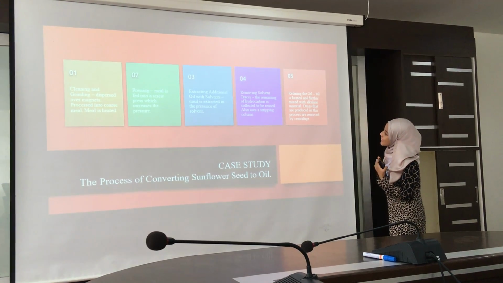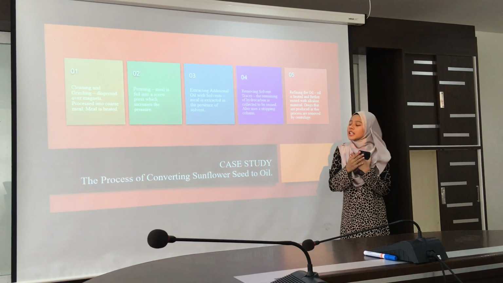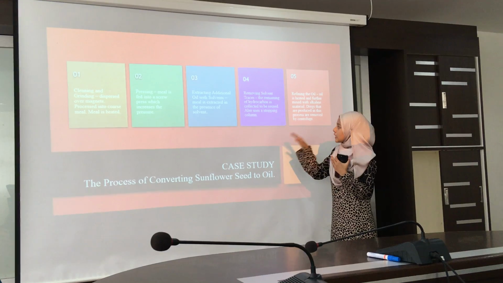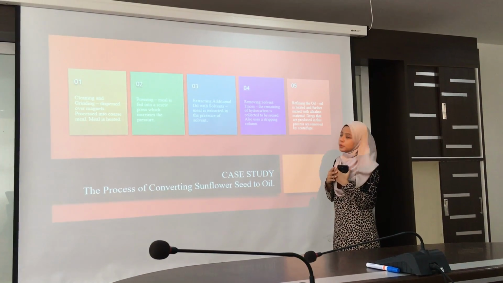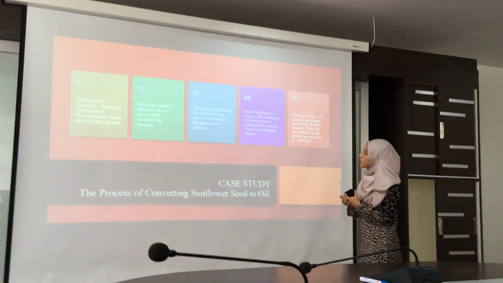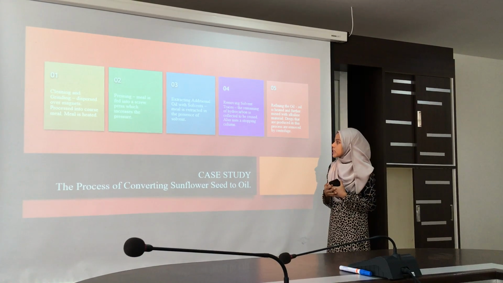So the next step is removing solvent traces. A percentage of 90% of the hydrocarbon in the column will be collected to be reused, and the remaining 10% of the volatile hydrocarbon that remains in the oil will be collected as well using a stripping column.